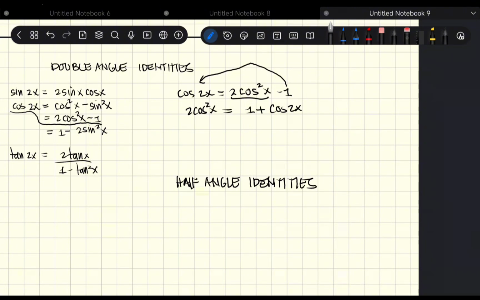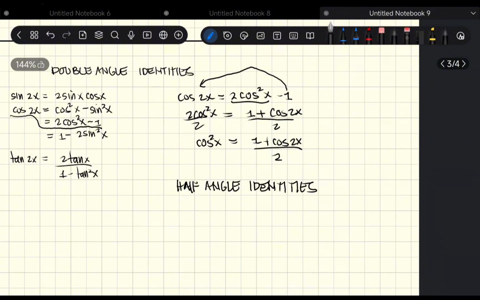Divide by 2. We get cos squared x is equal to 1 plus cosine 2x all over 2. So that is cos squared x for half angle identities.